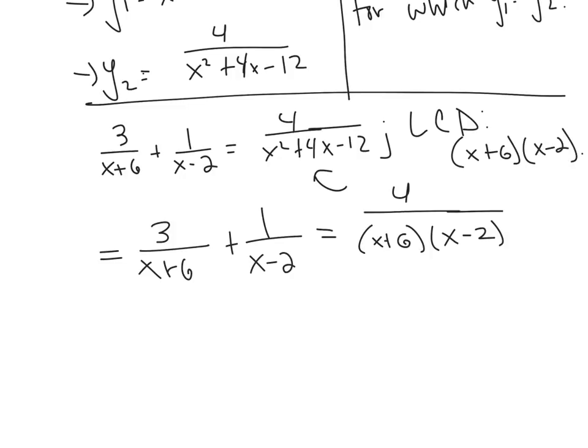Just like before, we can get a couple little shortcuts to help us with this. When we multiply both sides by our LCD, we really just have to worry about what is missing from the individual terms. So in this first term, we're missing the x minus 2.